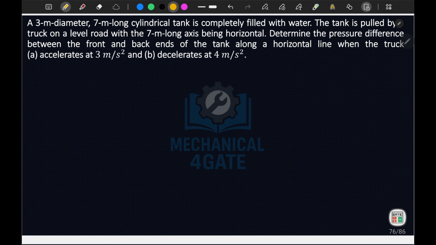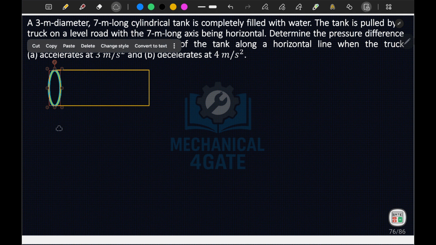So it's like this. We have a cylindrical container. Let's say this is a container, and this is a cylindrical type. Let me draw an ellipse here, something like this.